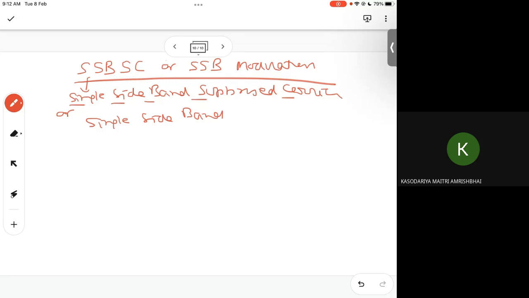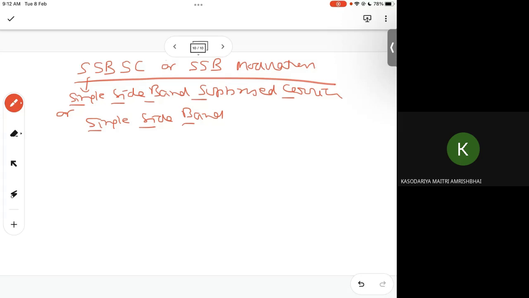Now, why is it important? In the previous case, we have seen that the power is contained in the carrier frequency, while the message is contained only in the side frequencies, both of them. Now there are two side frequencies, both carrying the same information. So why do we need two side frequencies? I can have only a single side frequency.